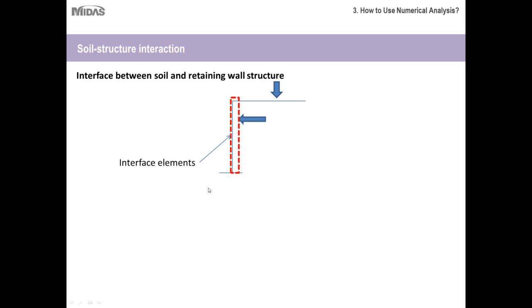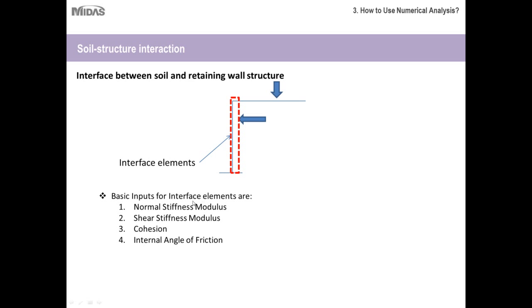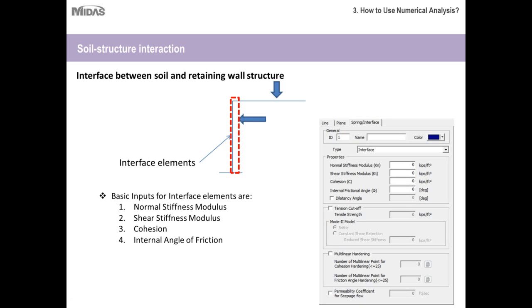This interface element has various types of input values where you have to enter the normal stiffness modulus, which would be perpendicular to the wall surface and directly resisting, responding to the driving forces, and then the shear stiffness modulus, which would be basically responding to the vertical or the surcharge forces. Then cohesion, that will determine the relative slipping, and the internal angle of friction.